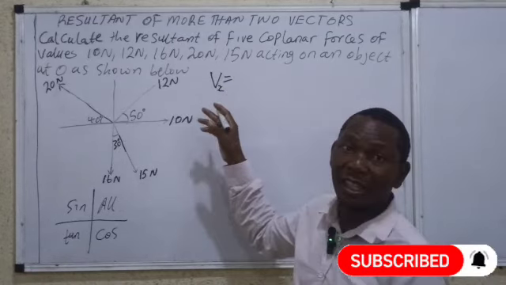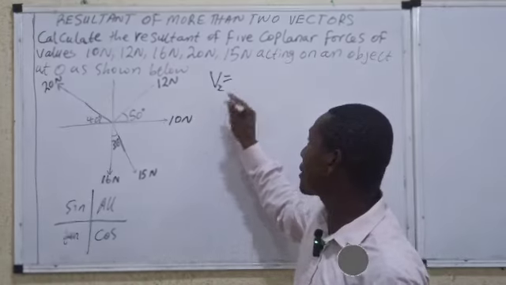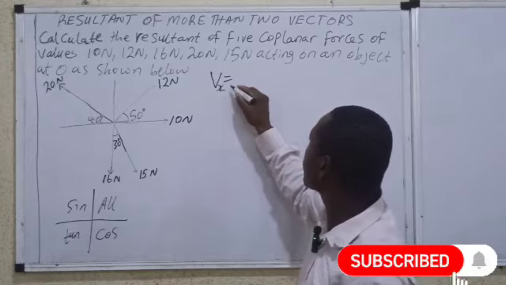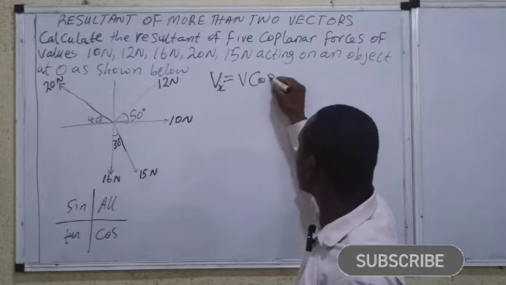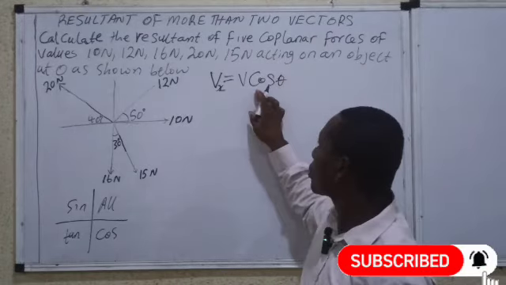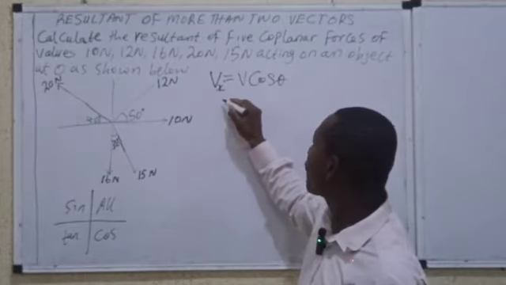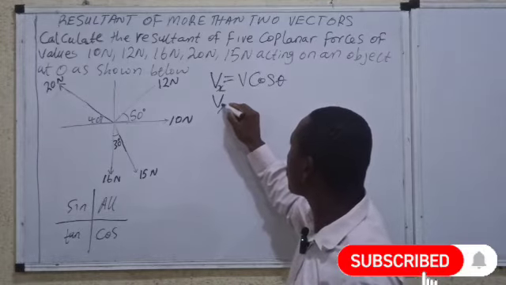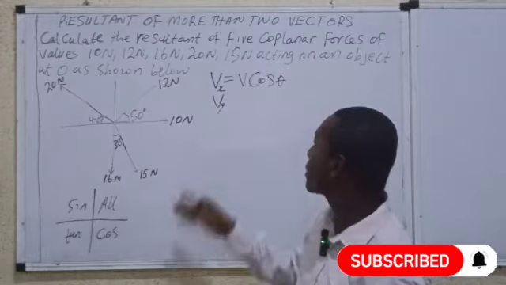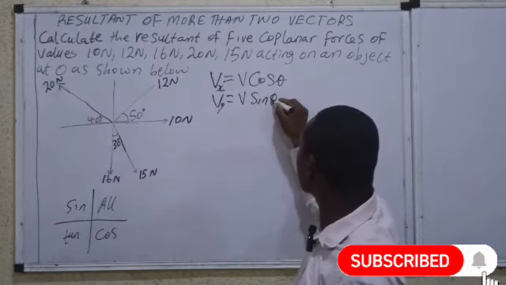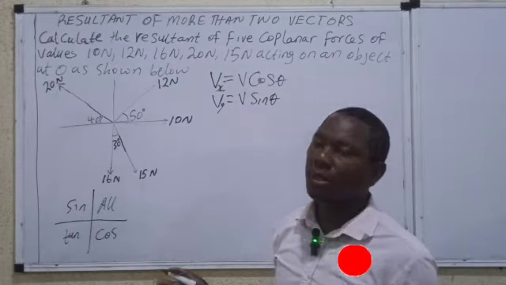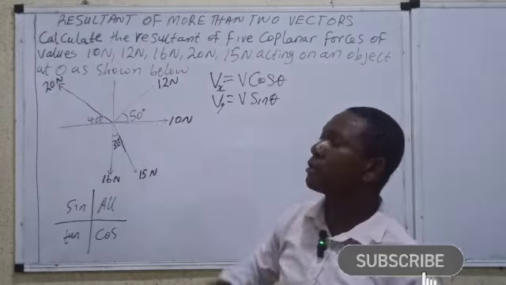Horizontal in a graph is x, so using this, it is v cos theta. Horizontal is cos, while vertical is vy, y axis, which is v sine theta.